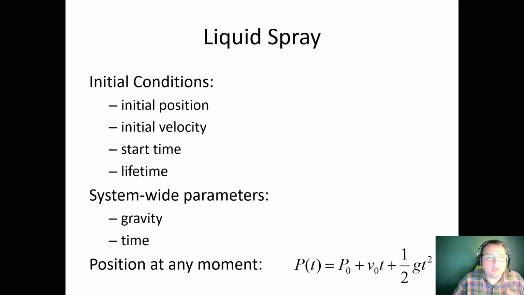This formula provides the three-dimensional position. Yes, three-dimensional. This is the vector-based formula, so all these P, V, and G are three-dimensional vectors. T is time, so it's not a vector.